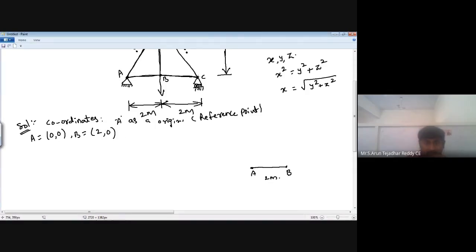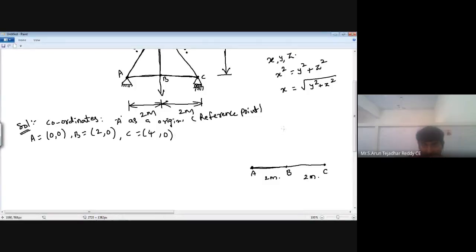Next, here we have point C. Our reference point is A, so from C to A, we have 2 meter plus 2 meter, total length in the x direction 4 meter, and we don't have any length in the y direction, so 0.